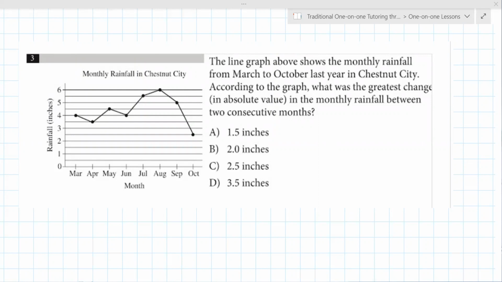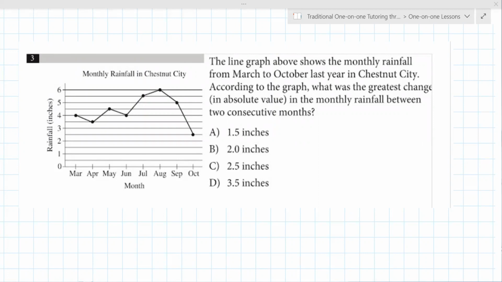Let's see. Any questions for me on this one?